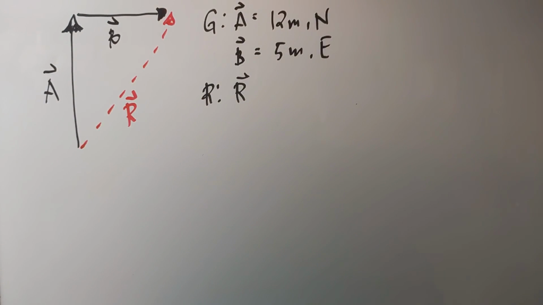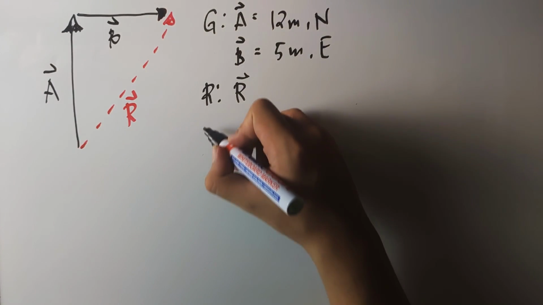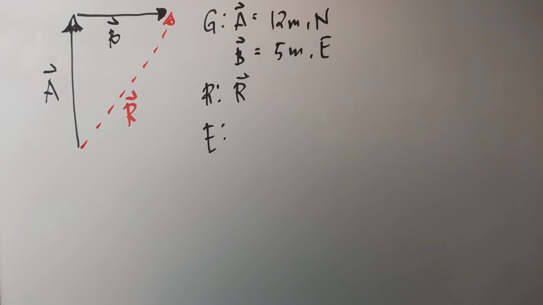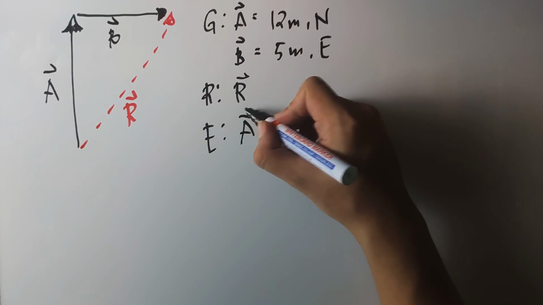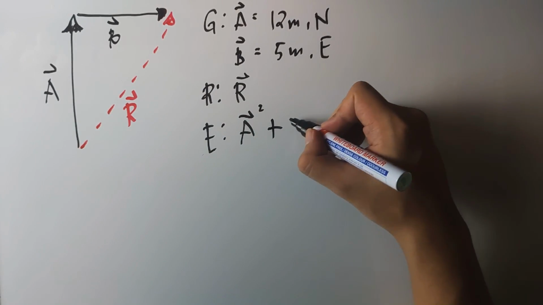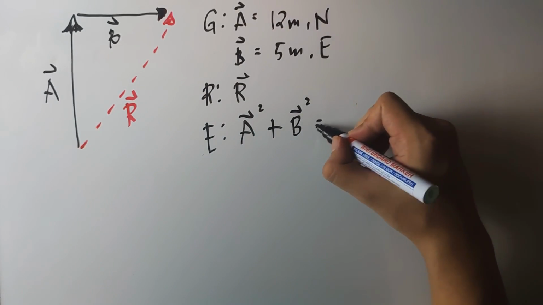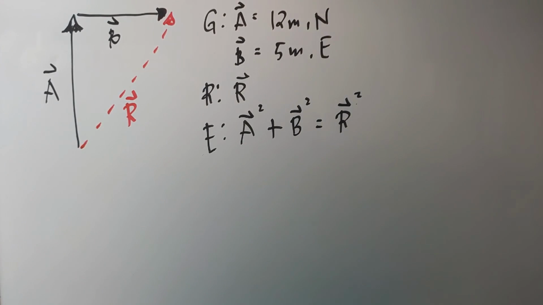For the equation, like what I've said earlier, this would be the Pythagorean method, but instead of using a squared plus b squared equal to c squared, we're going to use the variables that we have here. So this would be A plus B equal to something like that.